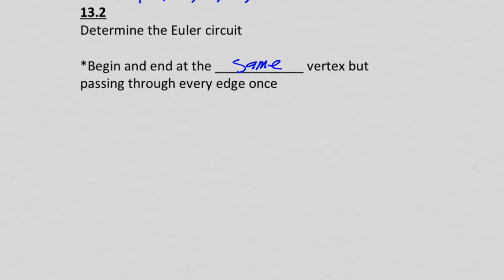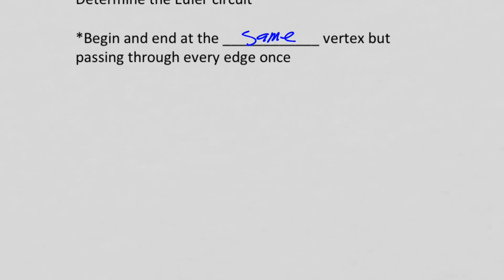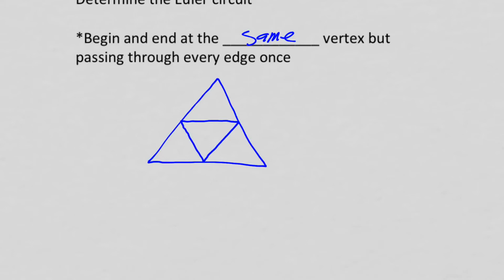So let's do another triangle, but this time I'm going to draw another triangle inside, upside down. And now I can label this A, B, C, D, E, and F. So we analyze our vertices and say, hey, there's two edges connecting to that one.